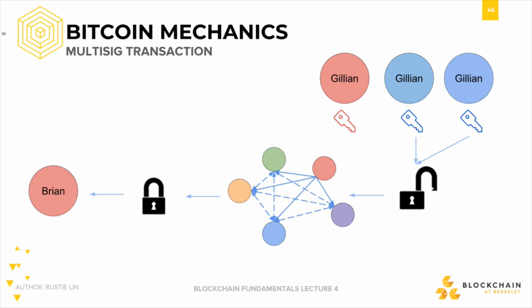In the case that she only had 1 public key and she lost the phone that contained the private key, then all her funds would be lost. But in this case, because she can still recover 2 of the 3 private keys that she's holding, she can send a transaction.